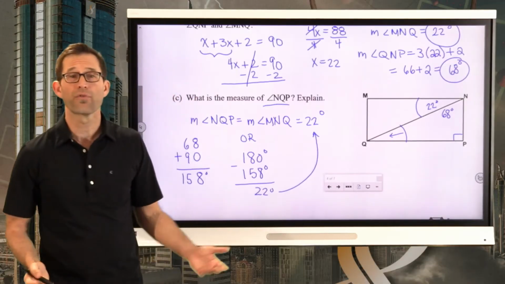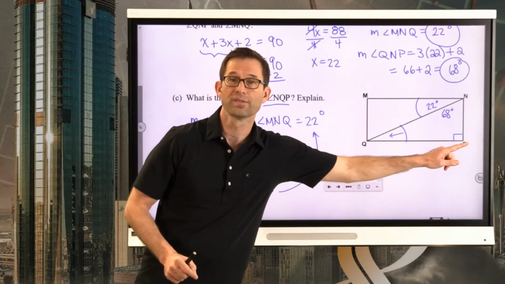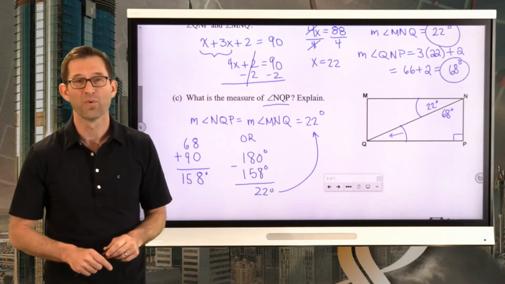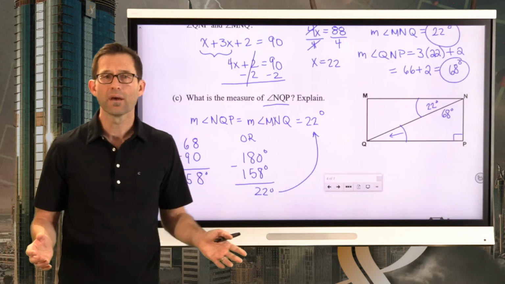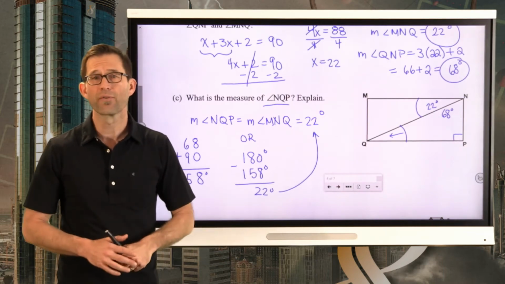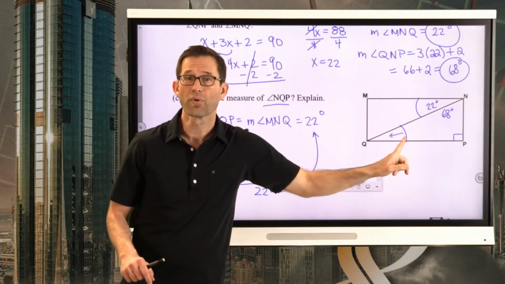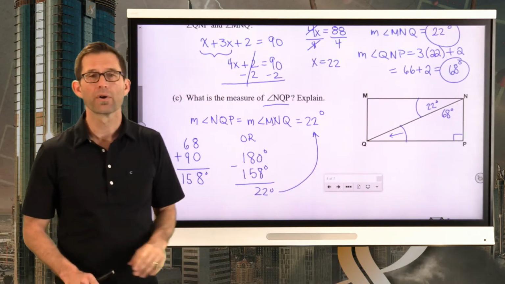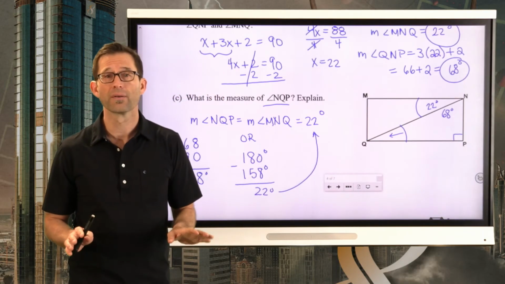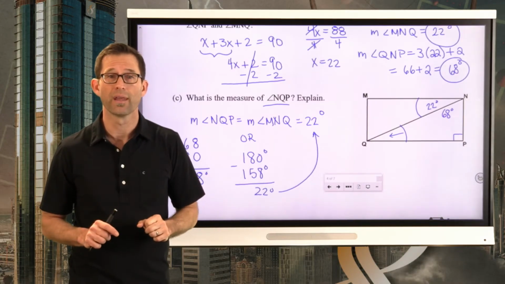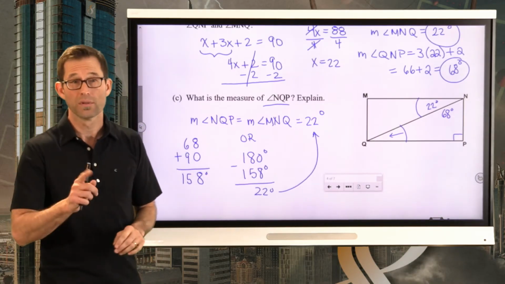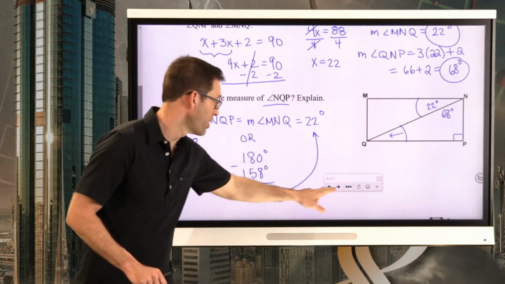This just uses the fact that the three angles of any triangle must add up to 180. Isn't that amazing? These are two totally different approaches. The first takes advantage of parallel lines, and the second, a little bit longer, takes advantage of the fact that the three angles of a triangle must add up to 180. All right, so let's keep doing some geometric modeling.